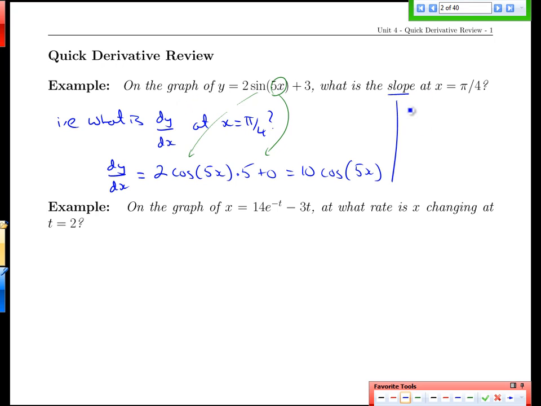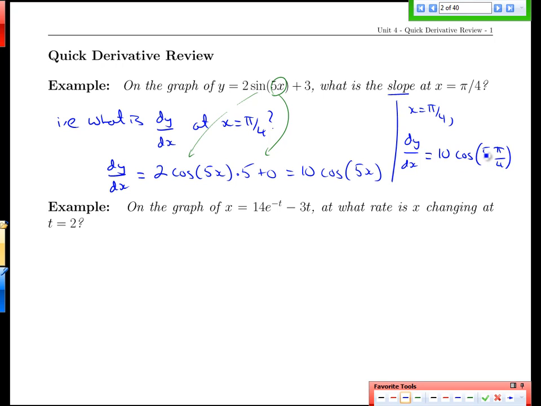And if we're interested specifically at the point x equals pi over 4, then dy/dx will equal 10 cos of 5 times pi over 4.